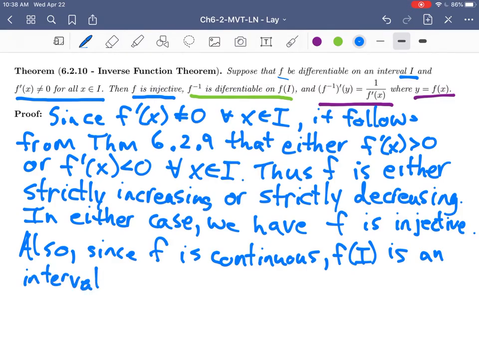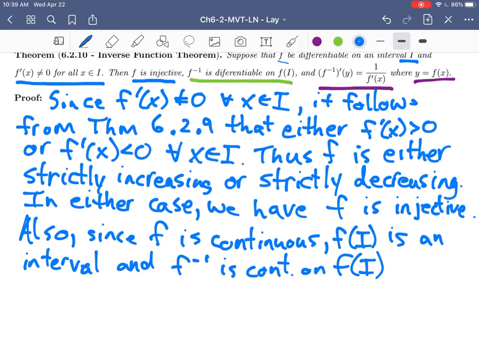And f inverse is continuous on f of I. That's from a previous result.